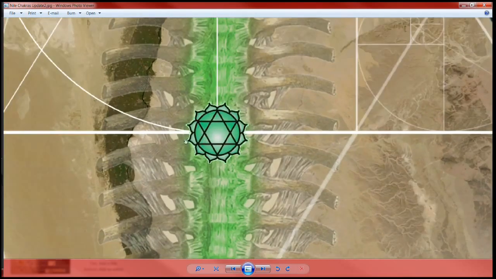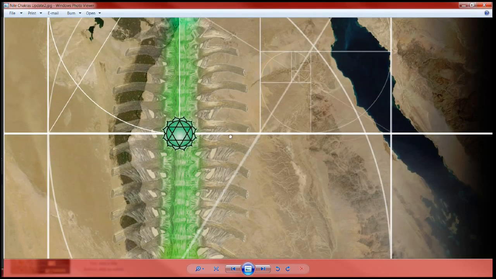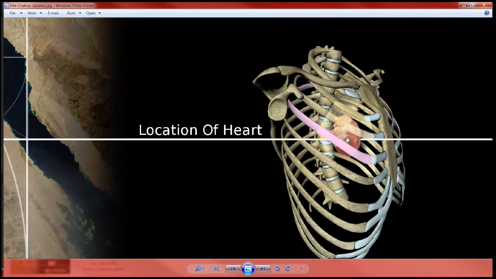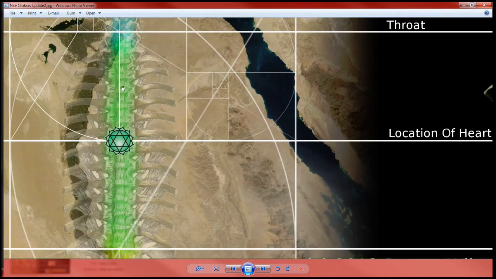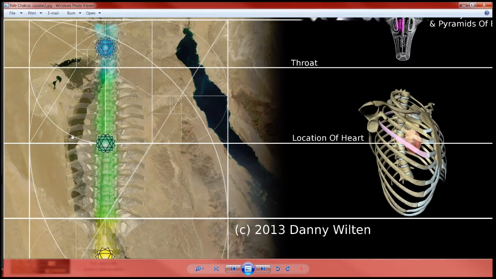This area that you see right here, where I've got this heart chakra symbol, is important because this is exactly where the heart is located in the human body. It's located basically right in the middle of the rib cage. So this is where the heart would be located, right here.